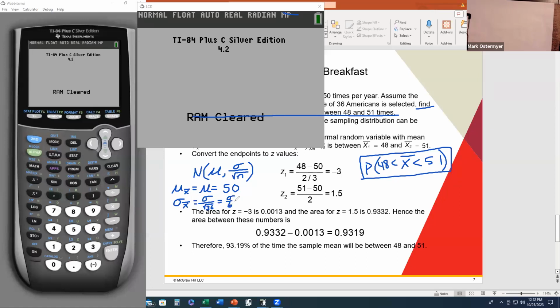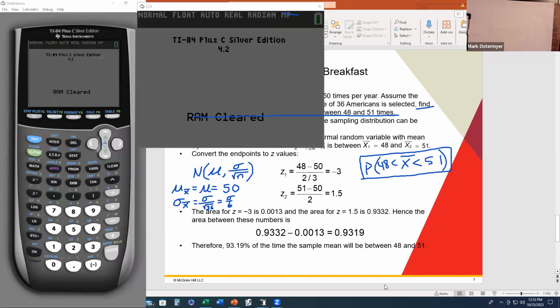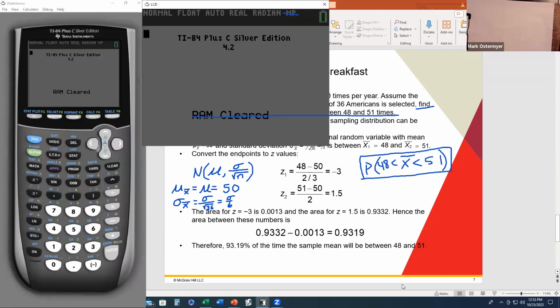Well, what was our population standard deviation? I think they indicated it was 4. So therefore, the standard deviation of our sampling distribution of sample means of all samples of size 36 chosen from the parent population is going to be 4/6, or equal to 2/3.